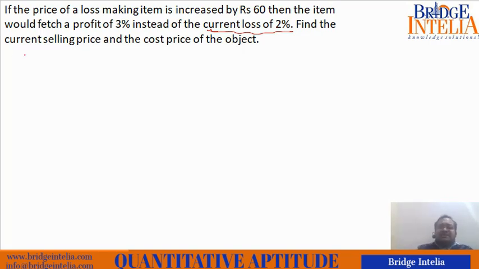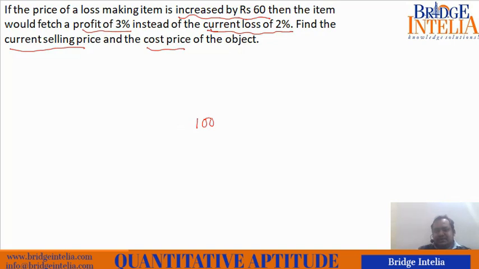So he says that if I increase the price by rupees 60, instead of a loss of 2%, I would start making a profit of 3%. Why does he want to increase the price? Because he saw that he is in a loss. So based on this information, you have to calculate the current selling price and the cost price of the object.